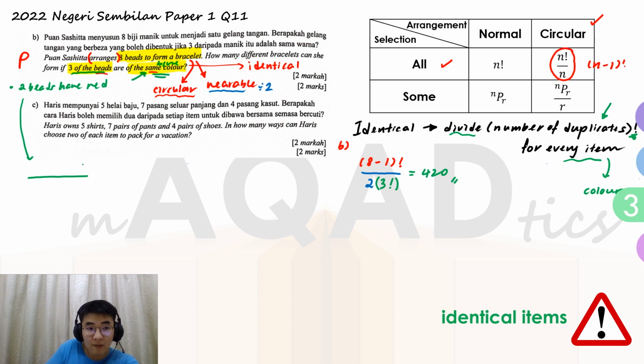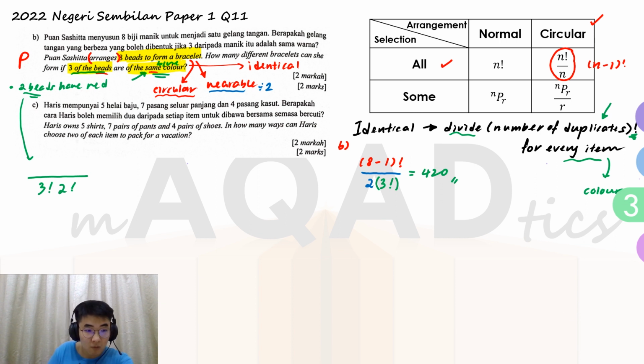The extra thing is that because we have 2 colors with duplicates, we need to divide by 2 factorials. The first factorial's number would be this 3, and the second factorial's number would be the 2 beads, so here it would be 2. So here we divide by 2 factorials.